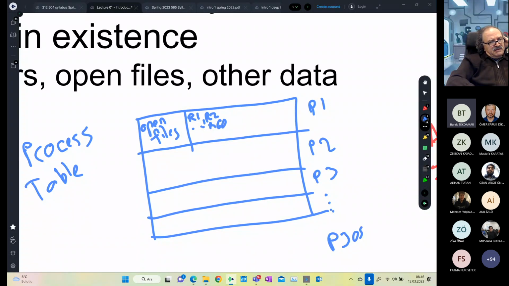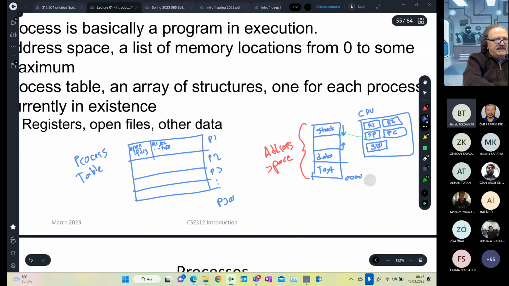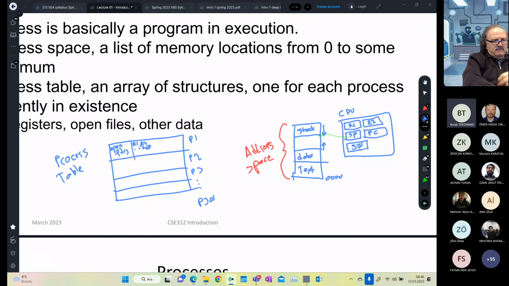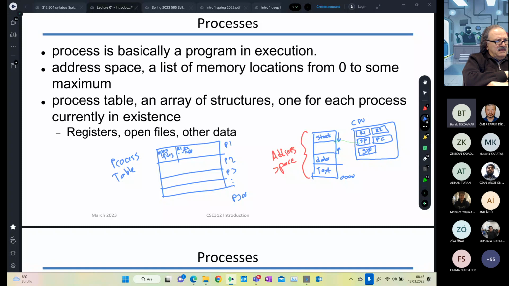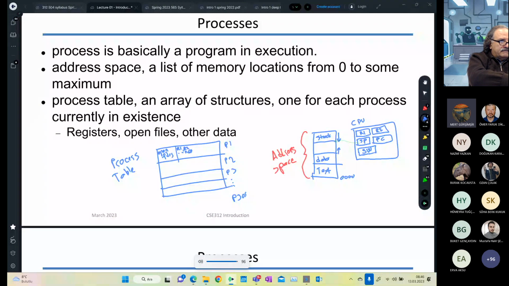Do I keep my registers in my memory? Before that, I said that registers are in the CPU, right? But the slide says the registers are kept in the memory inside the process table. Am I making a mistake here? Maybe when a context switch happens, it stores the register values to the memory.